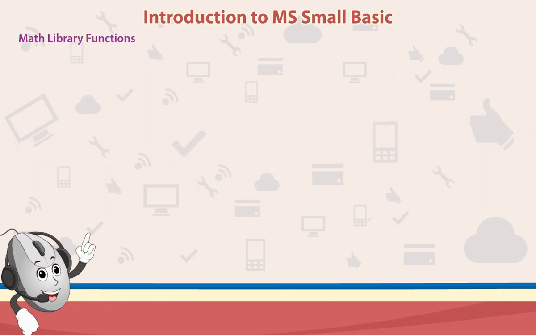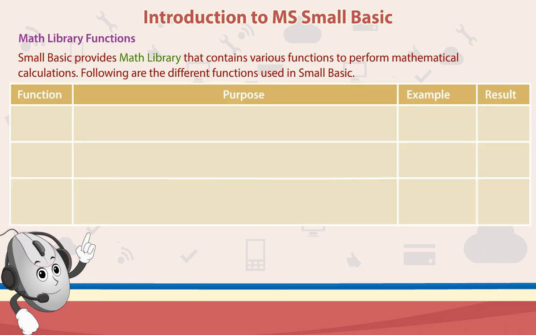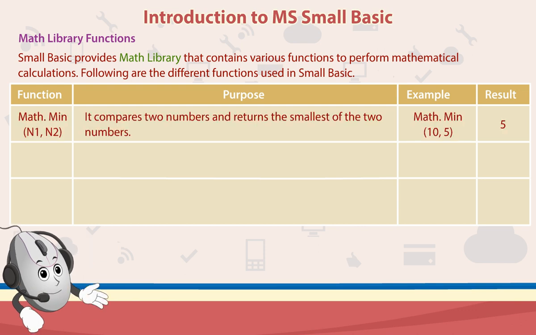Math library functions. Small Basic provides a math library that contains various functions to perform mathematical calculations. Following are the different functions used in Small Basic: function, purpose, example, result. Math.Min(n1, n2).